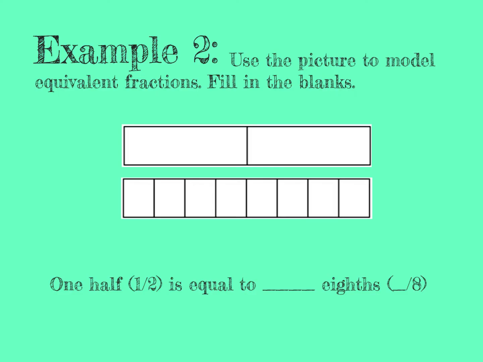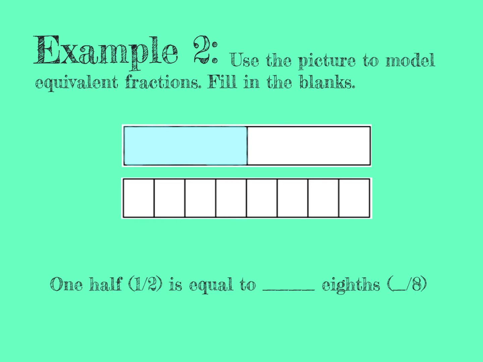Our next example is example 2, which asks us to use the picture to model equivalent fractions and fill in the blanks. It wants us to find what is equal to 1/2. So we are going to find the whole that is split into 2 and shade in 1 equal part. Now we look at the bottom whole and shade in the same amount that is shaded in the top.